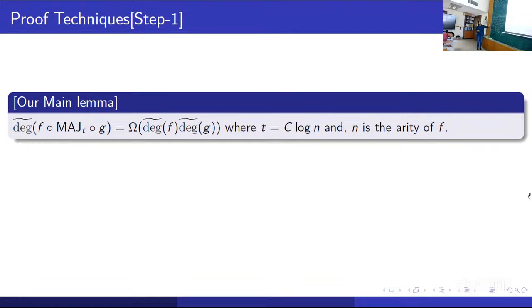To manage this, it's not a good fix, it's a bad fix, but it's an easy fix: we can just use majority. That is, I am using a logarithmic majority in between. In this function, instead of just working with f composed with g, you take the majority on log n many bits.